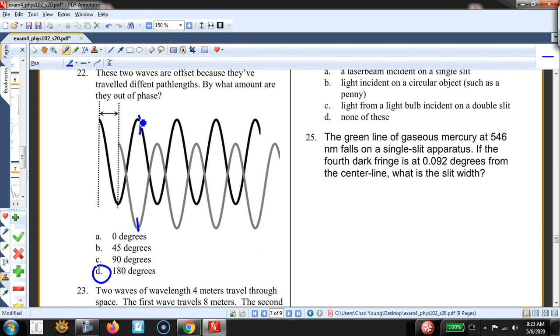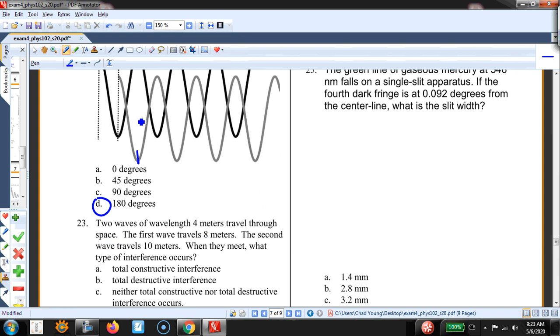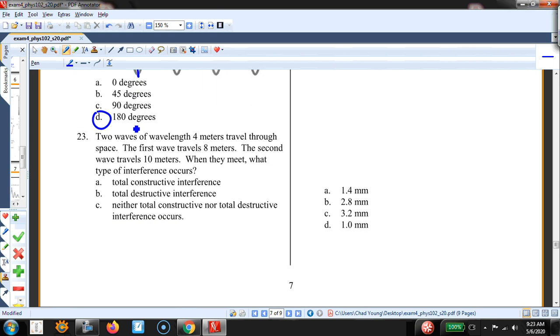When they're completely out of phase, that's 180. Two waves of wavelength 4 meters travel through space. The first wave travels 8 meters, the second wave travels 10 meters. So the path length difference is equal to 10 minus 8, or 2 meters, and that's equal to a 1/2 wavelength.